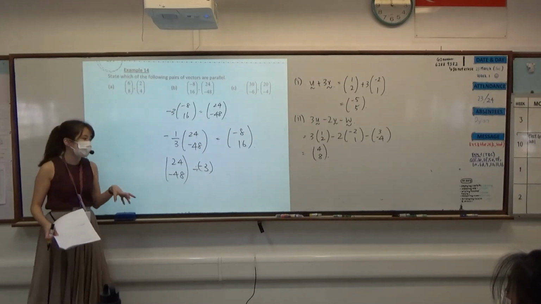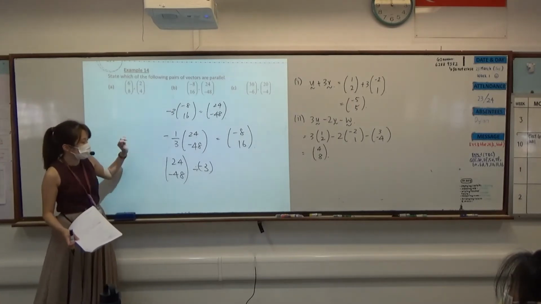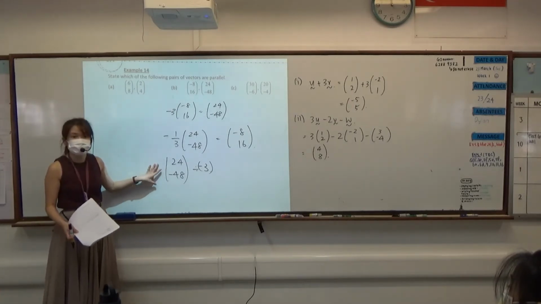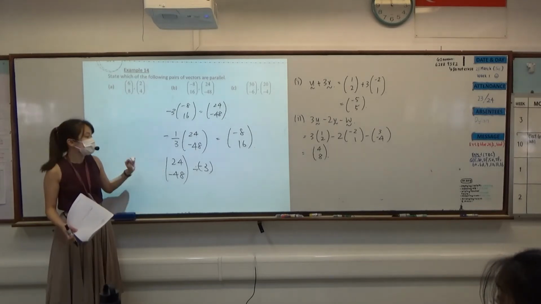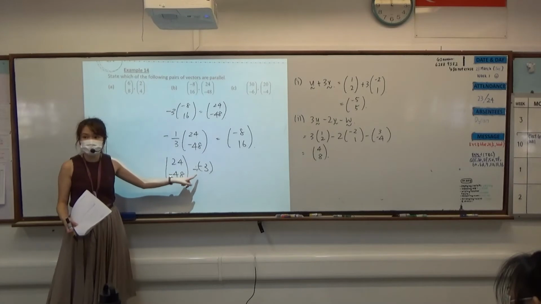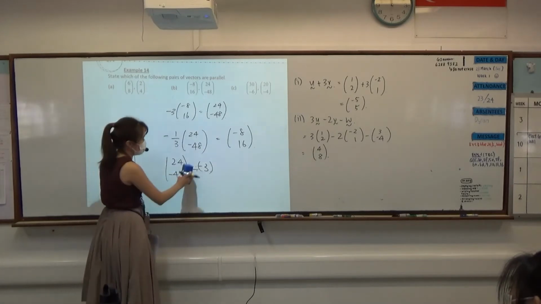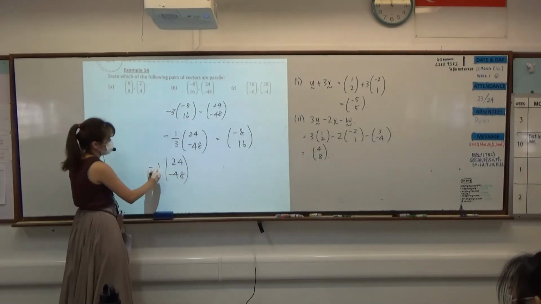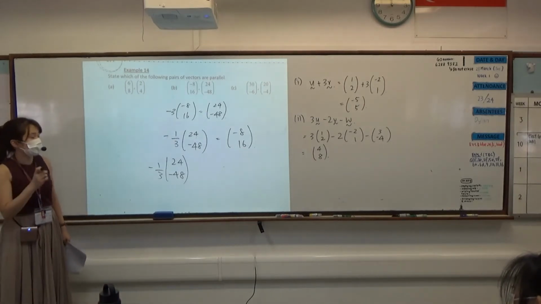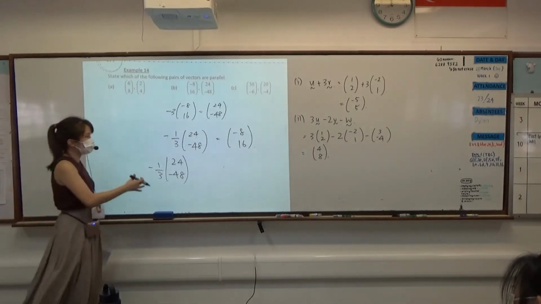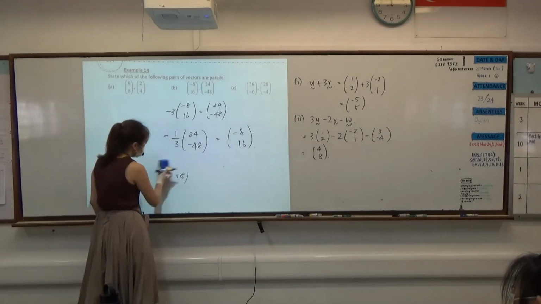We do not define it when it comes to vectors or even matrices. So if you want to talk about division, we always multiply by a fractional number. In this case, it is negative 1/3. I hope you are all clear about that as well, and don't go into doing the division.